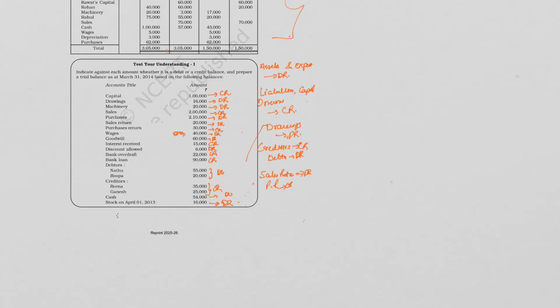Okay, so next we'll prepare the trial balance. We have the account title, we have debit, we have credit.